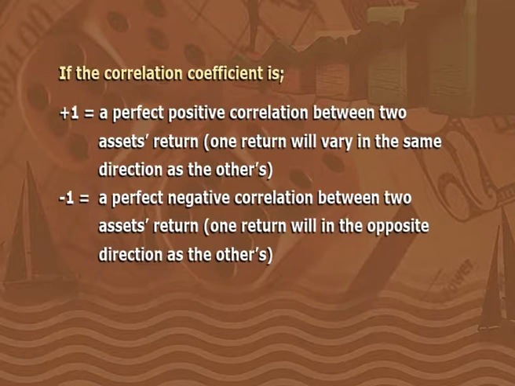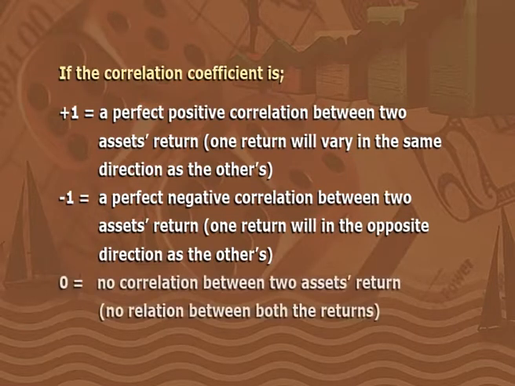One return will be in the opposite direction as the others. 0, that shows no correlation between two assets' return, no relation between both the returns. By investing in assets that are less than perfectly correlated cash flows, risk can be gotten rid of, that is, reap the benefits of diversification.